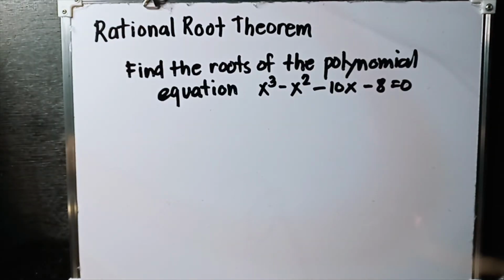So using the rational root theorem, let us find the roots of the polynomial equation x cubed minus x squared minus 10x minus 8 equals 0.